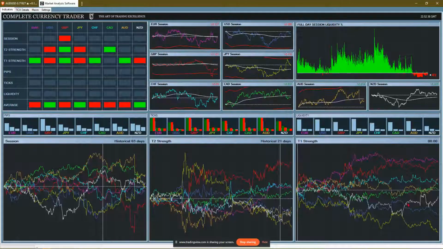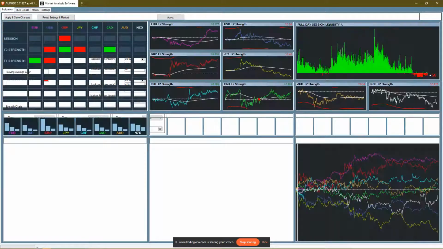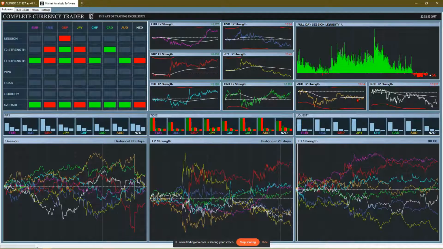If I switch over here, I can see that for the past 2.1 days, we're looking at this orange line right here. Matter of fact, I'll make it a little bit easier for you guys, and we will look at the T2 chart. All right, so for the past 2.1 days, I'm not sure how long that is on here.